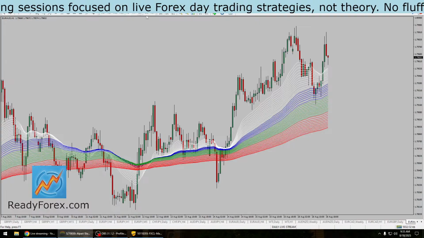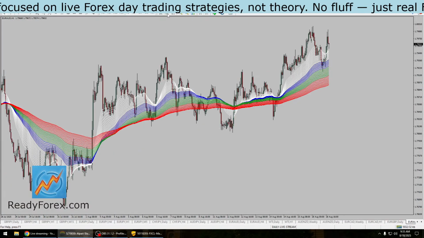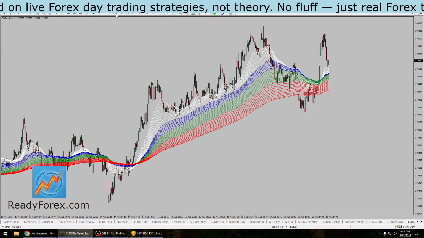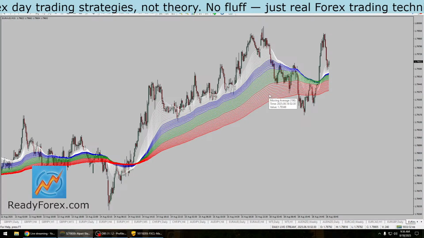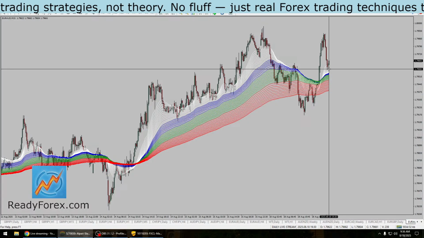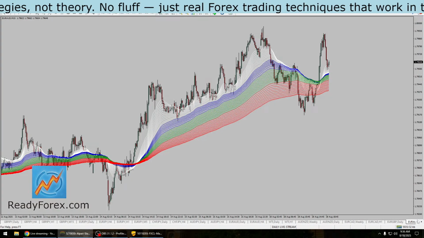I go to a 1 hour time frame. So the trend looks bullish. Let's go to a 15 minutes time frame. Okay, we're getting a potential buy trade setup right now inside Euro AUD currency pair.